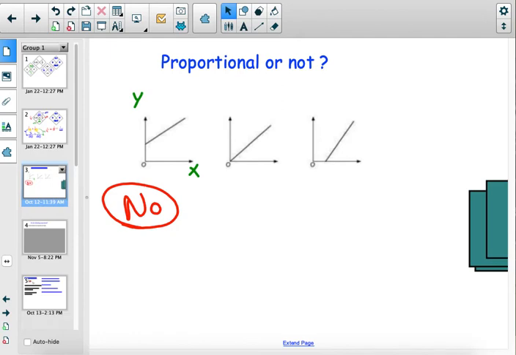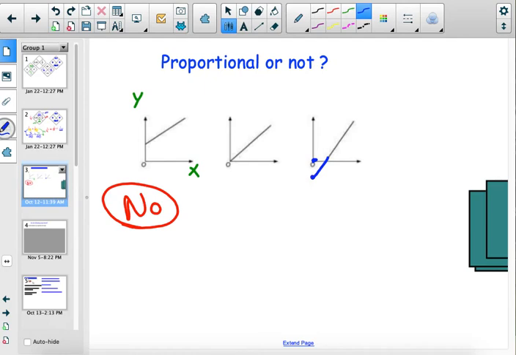You're right. Is it straight? Yeah, straight. But why is it not proportional though? Does it start at 0? If you continue this, it's actually going to start in what we call negative. So that could be possibly -1 or it could be -5. It's not starting at 0, 0, the origin.